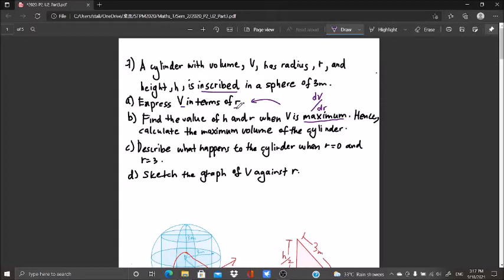Find the value of H and R when V is maximum, which means when dV/dr equals 0. So V is no longer having any change. That's why dV/dr equals 0. Maximum or minimum means no longer having any change. Please bear in mind. Hence, calculate the maximum value of the cylinder.